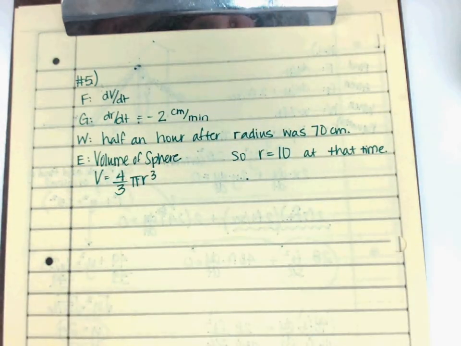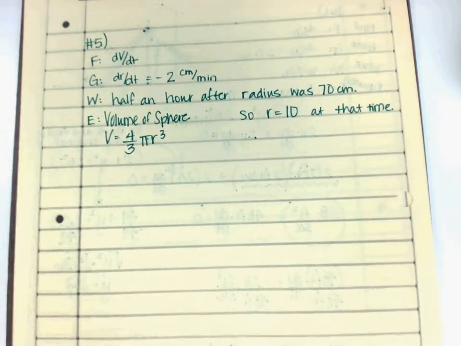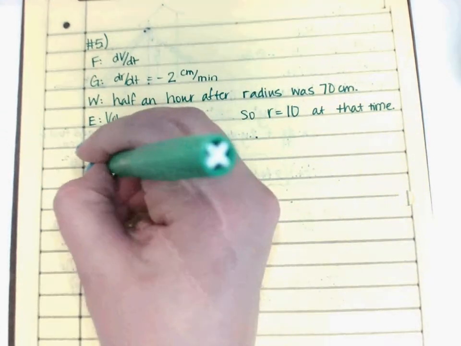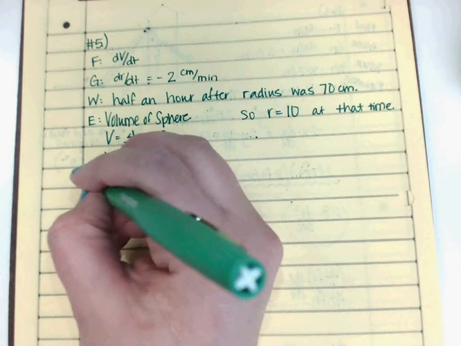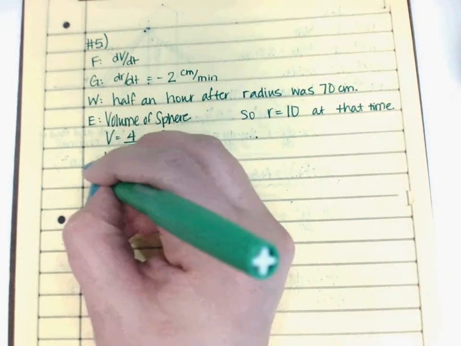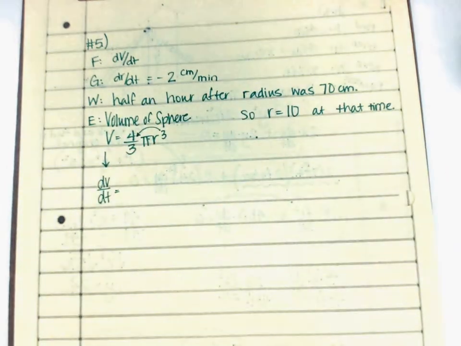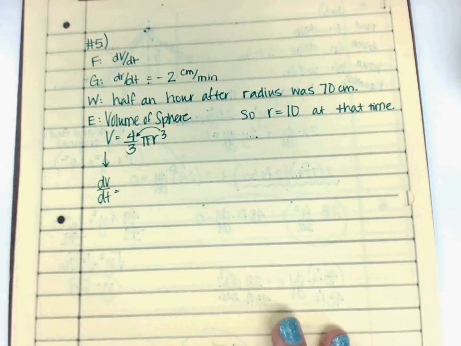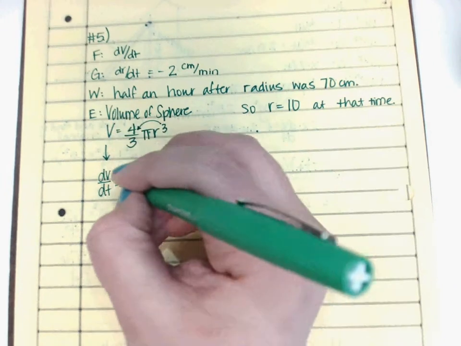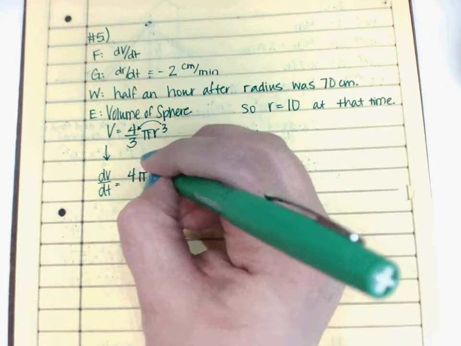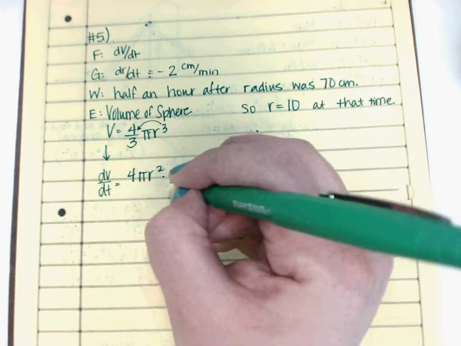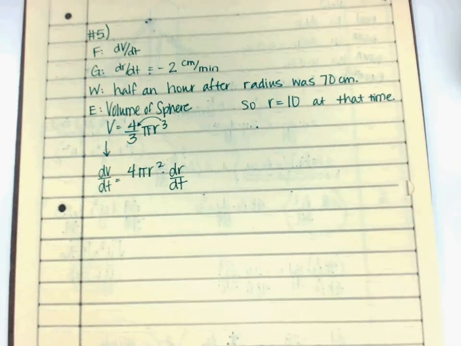Okay, let's take the derivative. So, derivative of V, what is it? dV/dt equals, my 3 multiplies down on my 4/3. What's going to happen with the 3 on top and the 3 on the bottom? Okay, just 4 pi r squared, then what? dr/dt, very good.